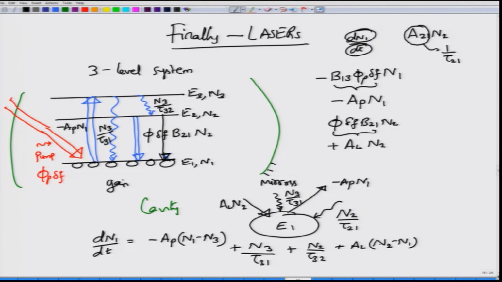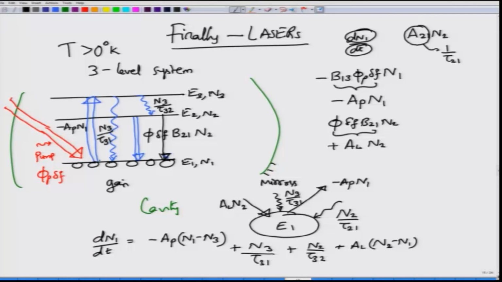The reason I have written N1 minus N3 is simply that since this laser is operated at a temperature greater than 0 degrees Kelvin, there will be thermal energy, and because of thermal energy the initial populations at N3 and N2 are non-zero. You are not interested in the actual populations, but in the population difference that comes about.